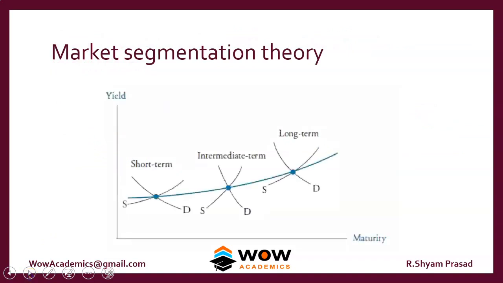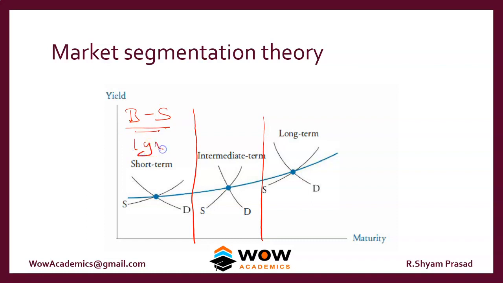So this theory says that every duration of loan is a different kind of segment or market. There are buyers and sellers in each small segment. For example, a 1-year loan segment, and there are also buyers and sellers in the 5-year segment, and there are also buyers and sellers in a 10-year loan segment.